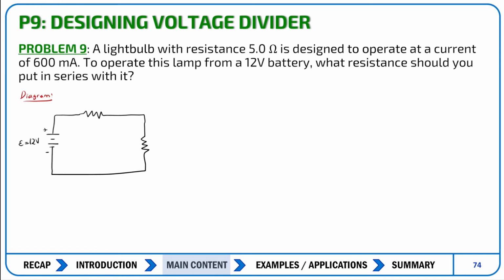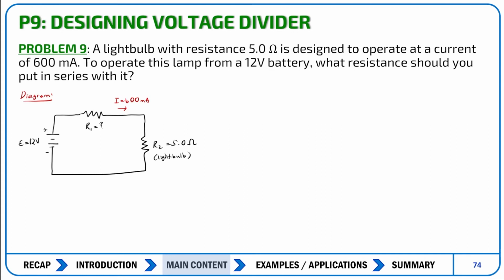So that is in series. So R1 is equal to unknown. R2 is going to be 5.0 ohms from the light bulb. And there's also a current. The current is given to us. I is equal to 600 milliamps.